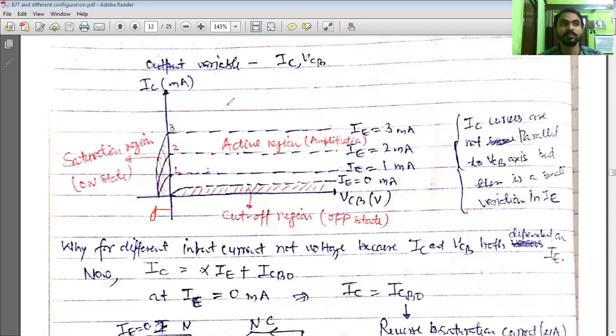Saturation region means on state, and it means the current has to start from zero, and that is why the collector current starts from here. Everyone has to end at zero, and then from here it starts and covers this part. Everyone has to start from here. This is the end of the on state, and then it goes to the active region.